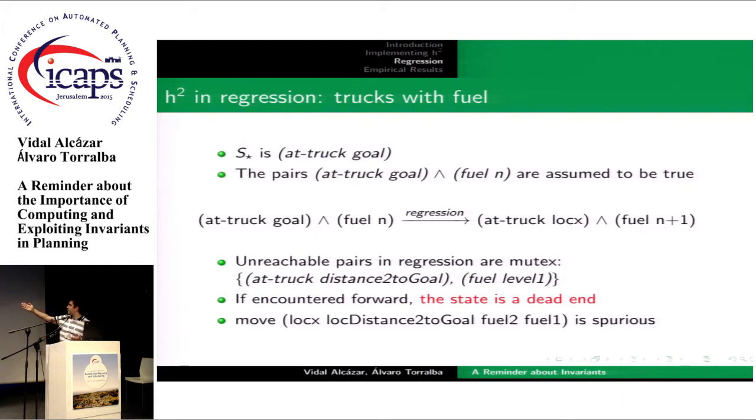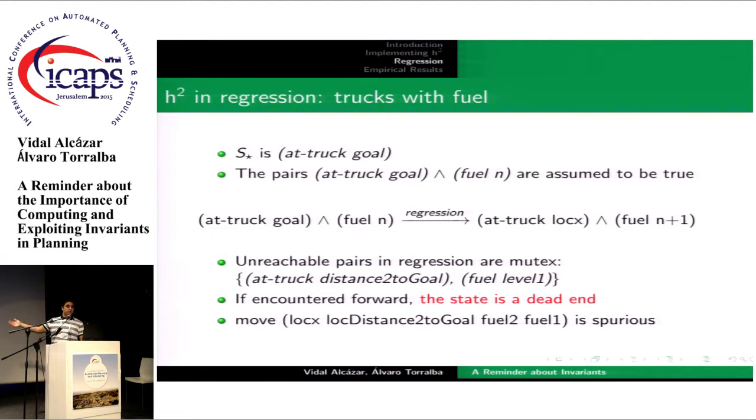So basically, when you apply regression, you know that the state that leads you to that goal is going to need more fuel than you have. This discovers some useful things, such as I cannot be in any location that is at a distance of 2 from the goal if I only have one unit of fuel, because I am not going to be able to do the 2 moves that I need to reach my goal.